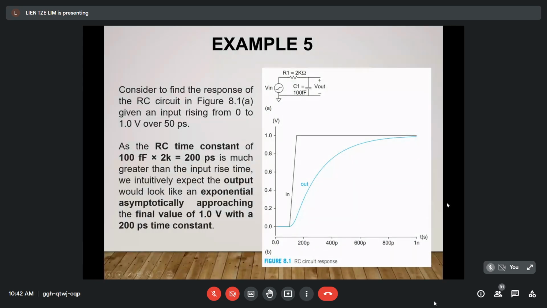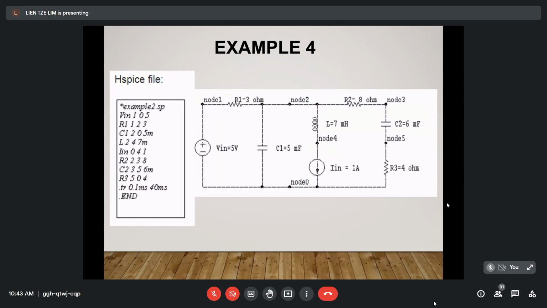Okay, now I will continue with the lectures that I stopped last week. I have covered some of the examples about the SPICE code. There are 5 examples here. Examples 1 until 4, the code given is easy to understand. It is all about the connections of the electronics components.